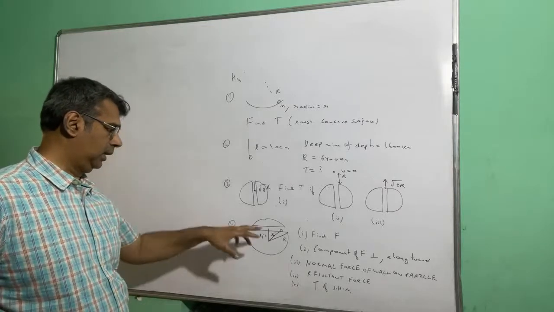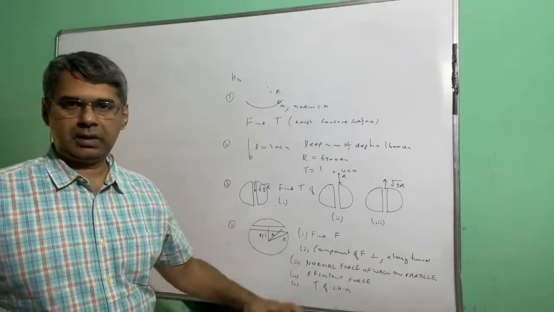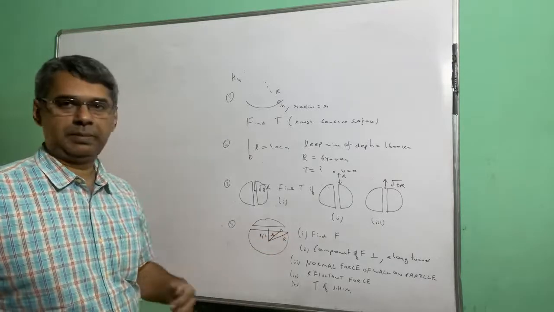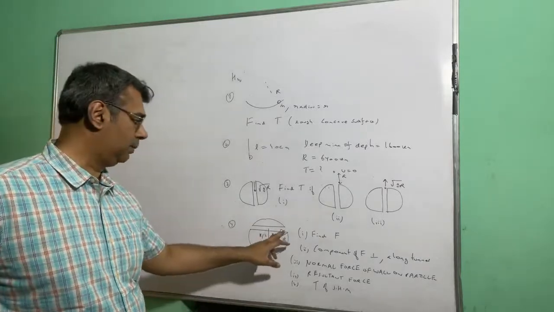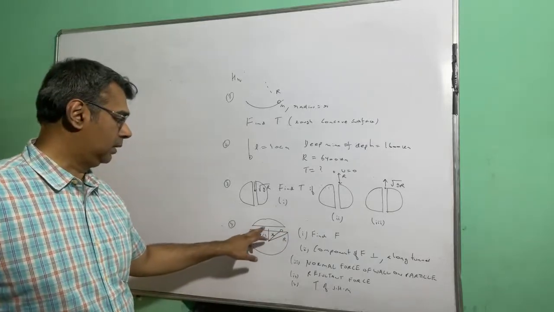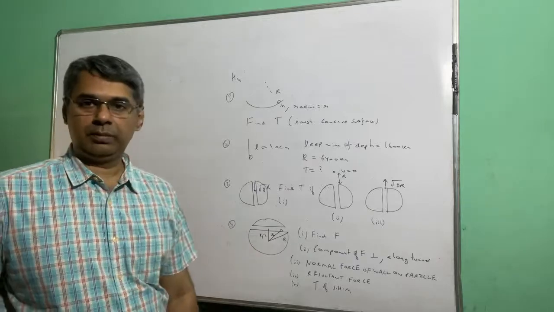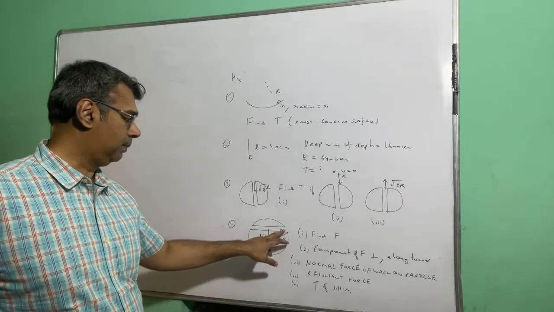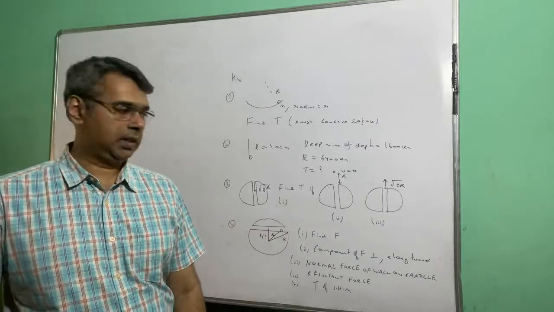The radius of the earth is capital R. In this tunnel, there is a particle which has been released, and the distance of the particle from the center of the tunnel is x.